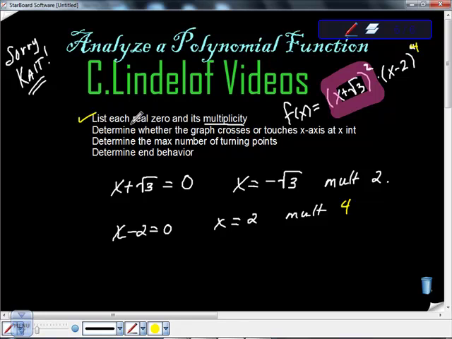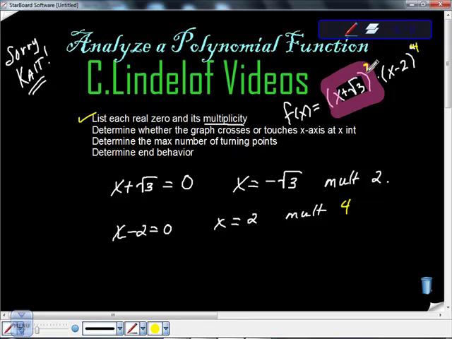The second part says determine whether the graph crosses or touches the x-axis at these x-intercepts. All we have to do is analyze the multiplicity. Remember, if the multiplicity is an even number, the function touches the x-axis there but does not pass through it.